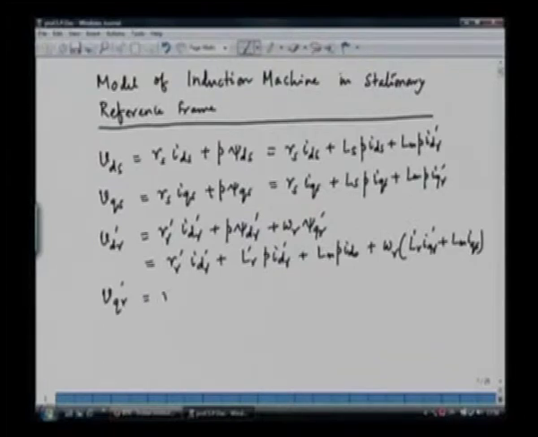VQR prime equal to RR prime IQR prime plus P psi QR prime minus of omega r psi DR prime.